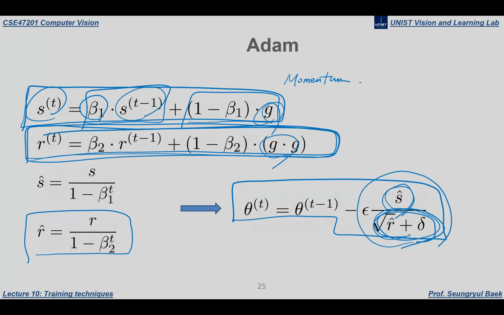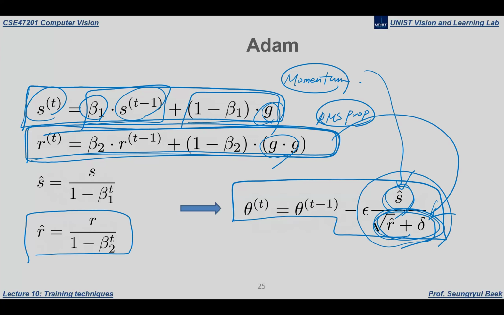So this term is more like the momentum term, and the denominator, I mean this below term, is similar to that of RMSProp. So Adam is a more complete form of optimizer. They are considering the learning rate and at the same time considering the momentum.